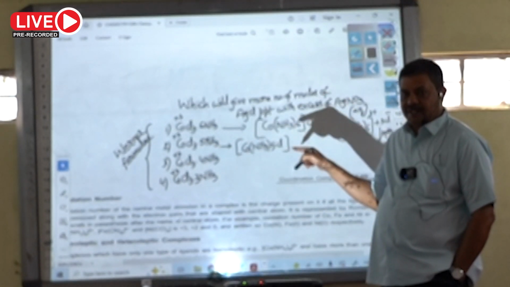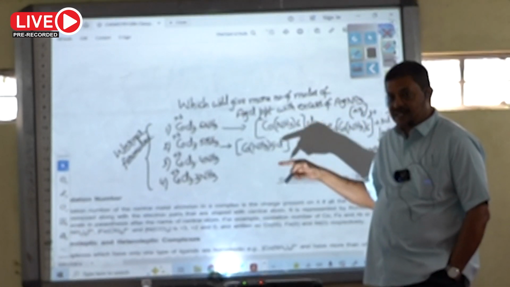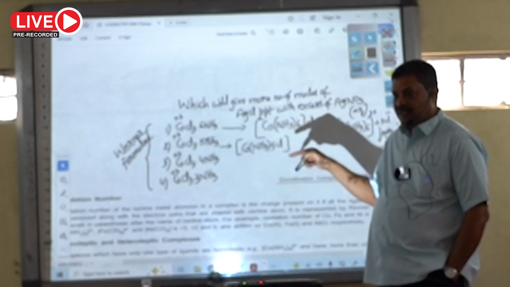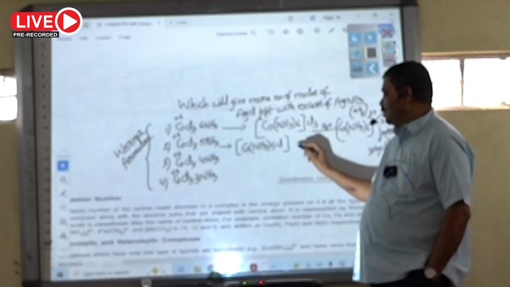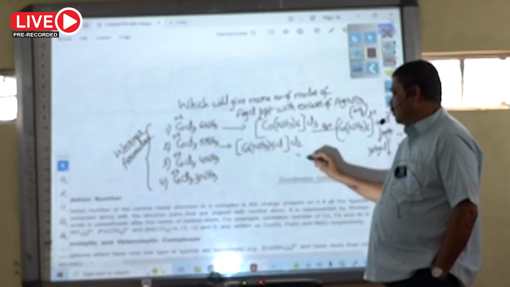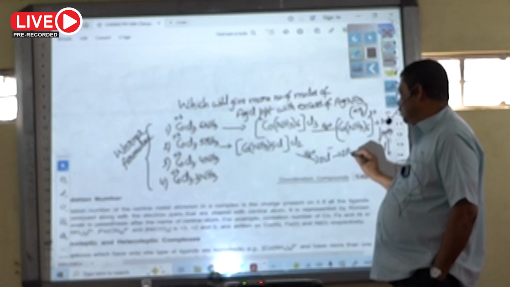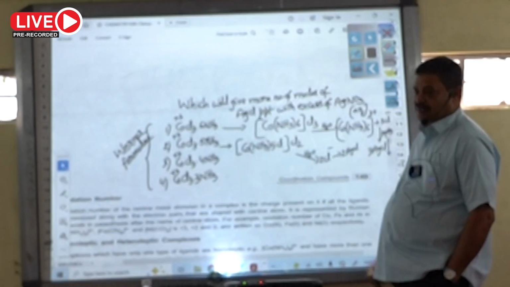Stay with me in the square bracket. Because my coordination number is 6, I have to maintain that in +3 state. So only 2 chlorines will come outside. So it will give only 2 Cl minus ions. Ultimately it will give only 2 moles of AgCl.